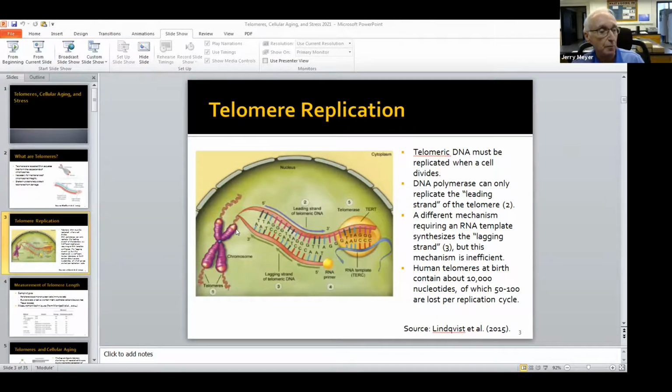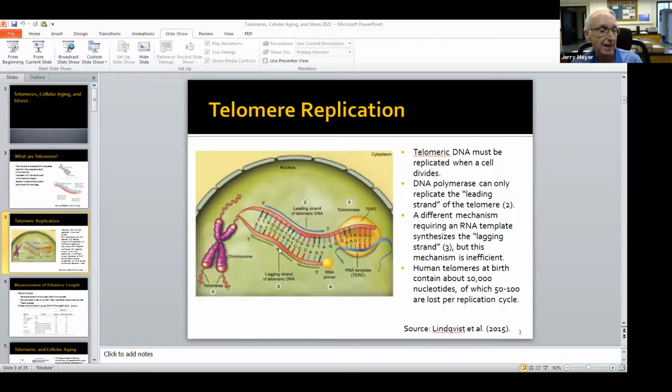So here we have a cell that's replicating its chromosomes, replicating its DNA prior to dividing. Just like all the other parts of chromosomes, which have to be replicated when a cell divides, the telomeric DNA also must be replicated. Here, at number 2, the DNA polymerase is synthesizing the new telomeric DNA, but it can only replicate what we call the leading strand of the telomere over here.